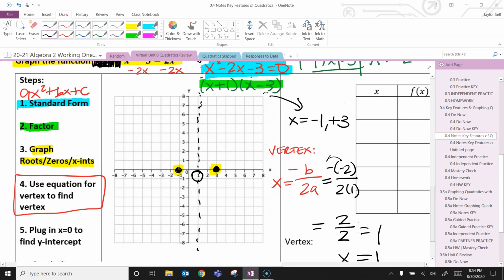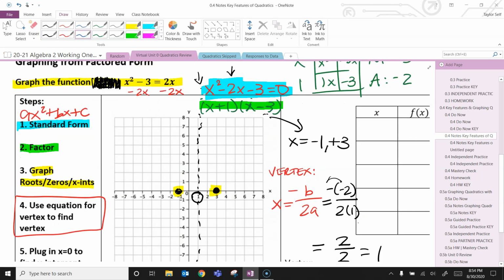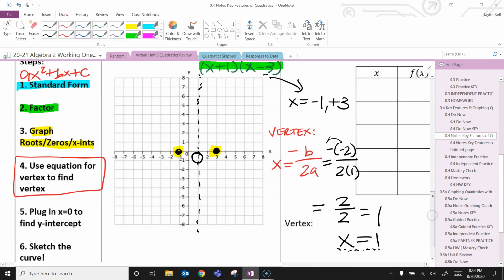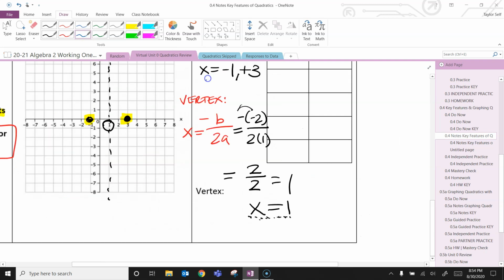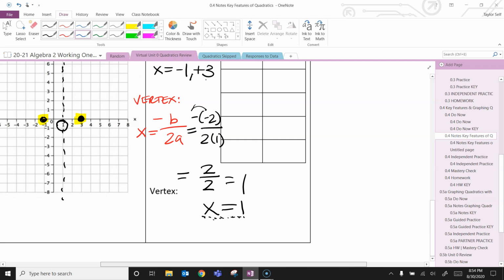So we're going to take this equation, I'm going to do it down below, and plug in 1 for x. The equation that we have is x squared minus 2x minus 3. Let's plug in x equals 1. So we have 1 squared minus 2 times 1 minus 3. This is equal to y.